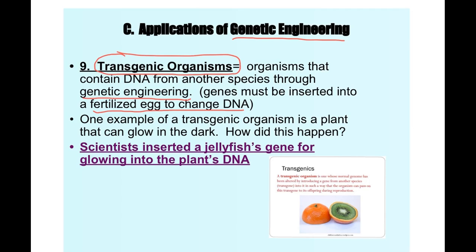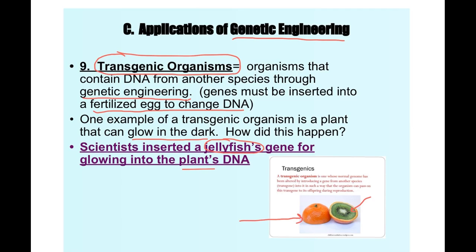For example, they can get plants that glow in the dark. Well, how did they do that? Well, they took out the jellyfish's gene for glowing in the dark and they inserted it into a plant and voila, that plant can now glow in the dark. Here's another example. Here is a regular looking orange on the outside, but that orange had the DNA of kiwi, a separate type of fruit.